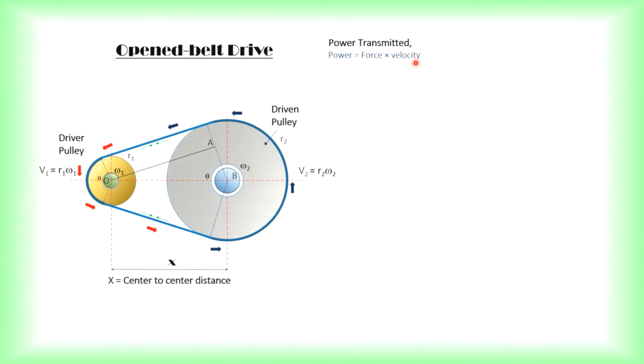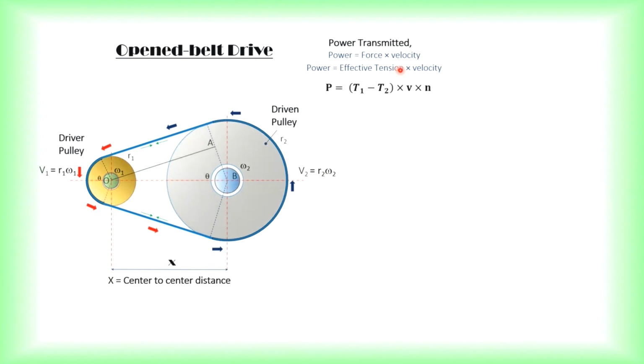And then the velocity here can be referred to the belt velocity, either V1 or V2 will do. But make sure when you consider V1, it must be R1 omega 1. And when you consider V2, you must consider R2 omega 2. You cannot take V2 and then put R1 and omega 2. Cannot. Okay?